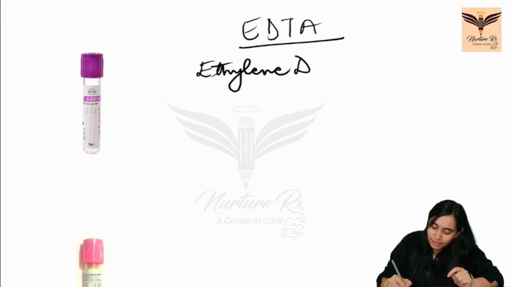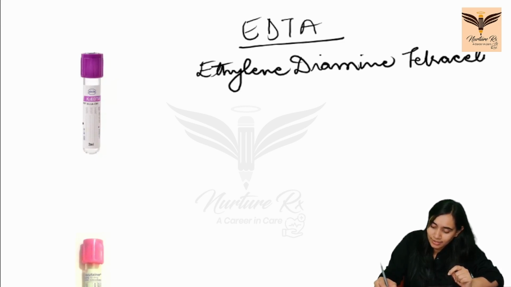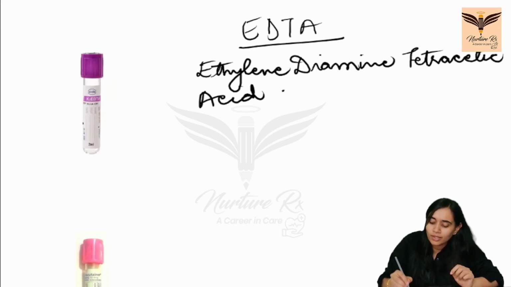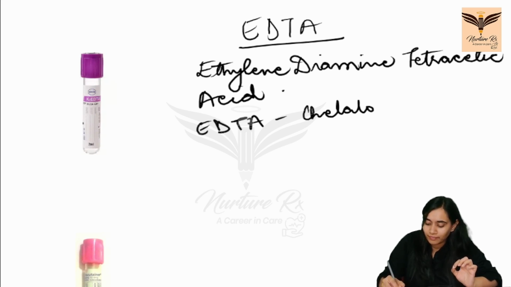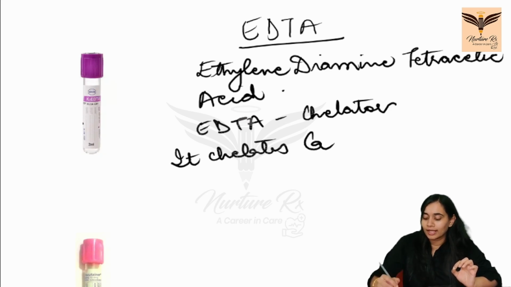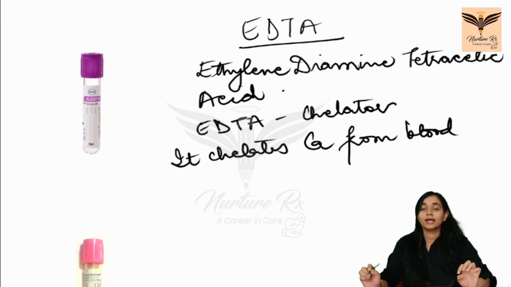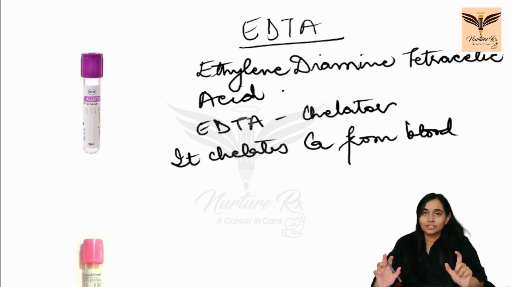Ethylene diamine tetraacetic acid. Now what does EDTA do? EDTA is a chelator. It chelates calcium from your blood. So we all know, what does calcium do?